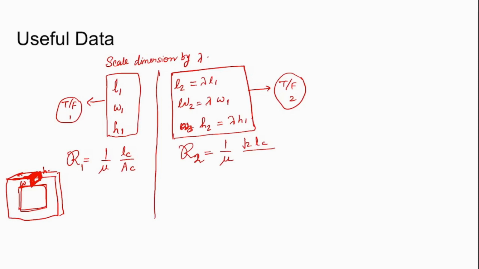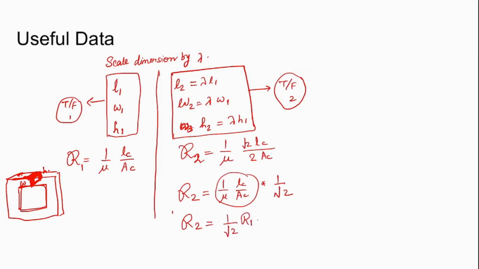Both are √2 times now, so area is 2 times previous area. So I can draw the relation: R2 becomes 1 by mu LC by AC multiplied by 1 by √2. So reluctance 2 is 1 by √2 times reluctance 1.